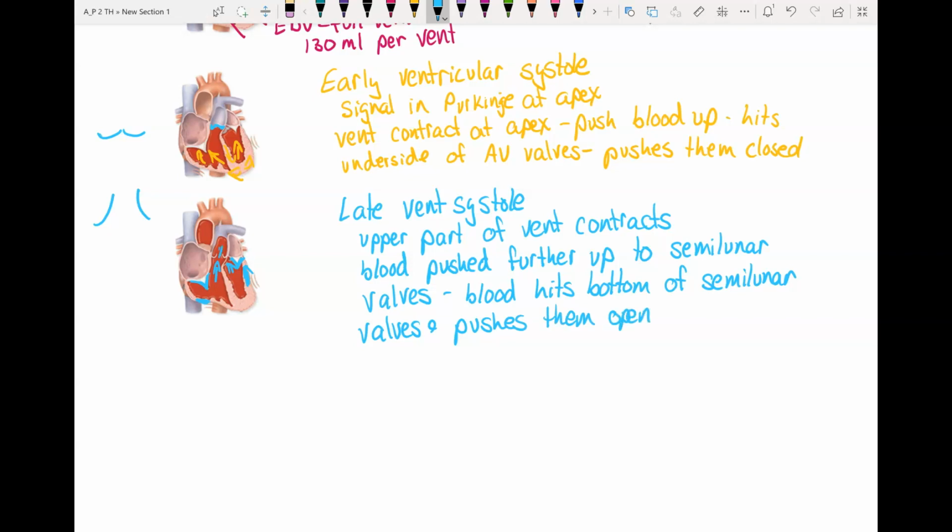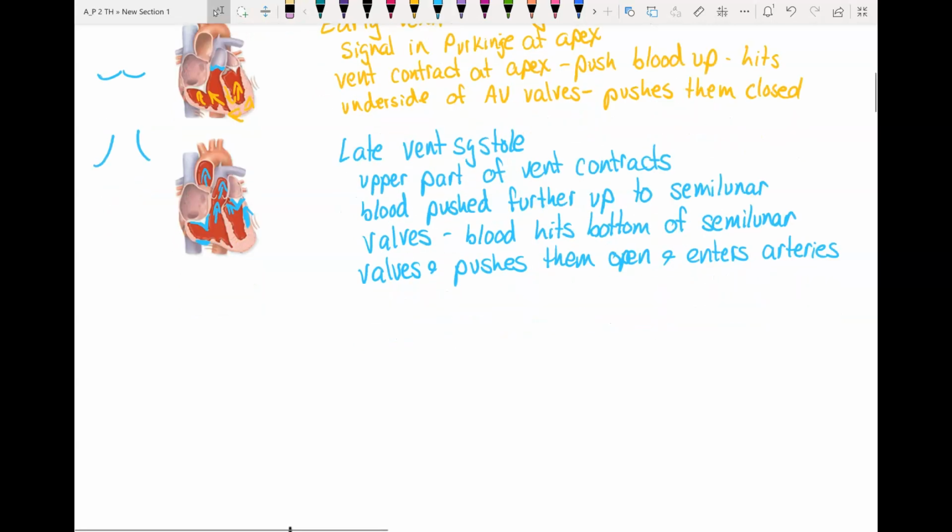And then the blood enters the arteries. And the amount of blood that enters the arteries is the stroke volume.